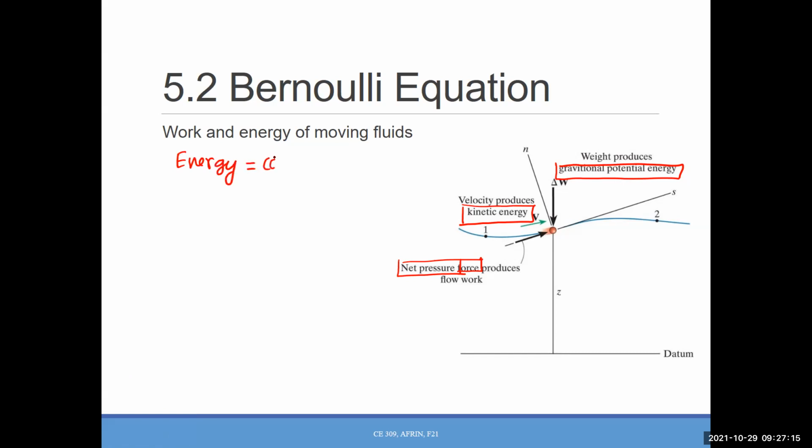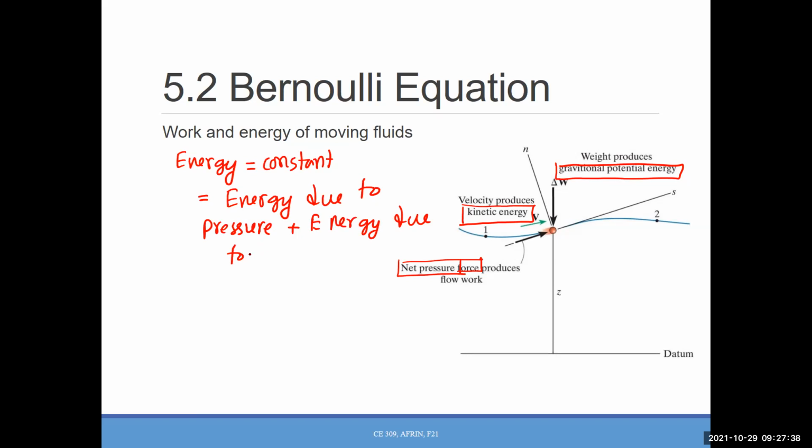equal to some constant value at any point, and it will be the summation of energy due to pressure, plus energy due to motion, plus energy due to gravity.